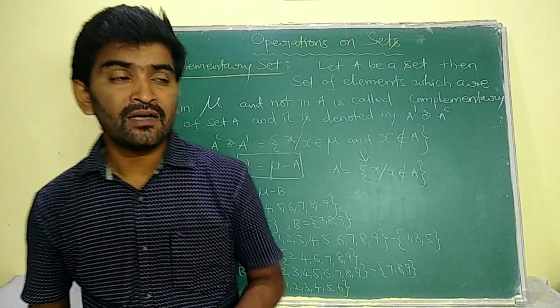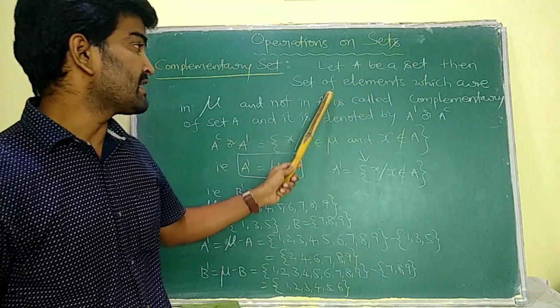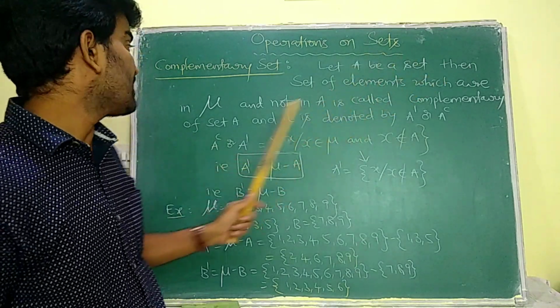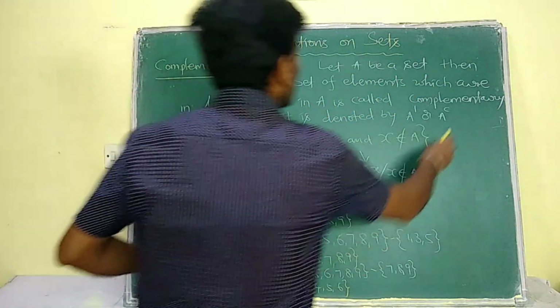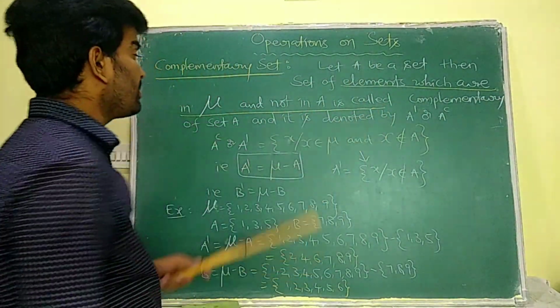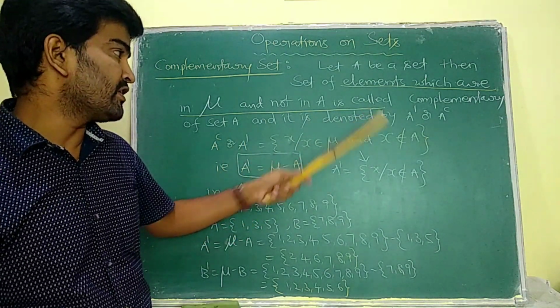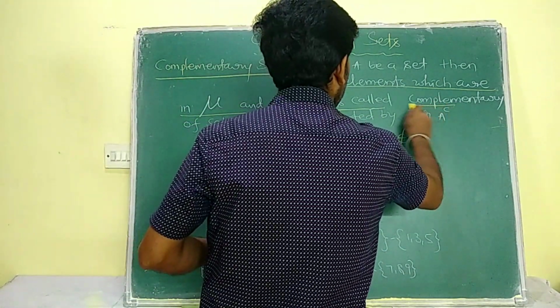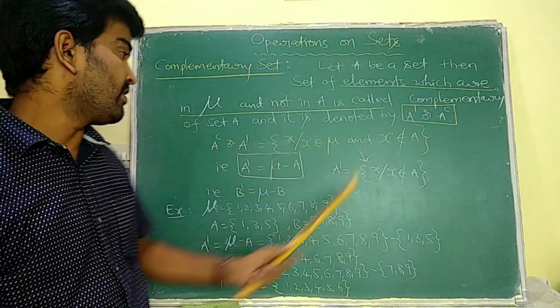Now coming to the definition, let A be a set, then the set of all elements which are in mu and not in A is called the complementary set of A. It is denoted by either A dash or A complement.